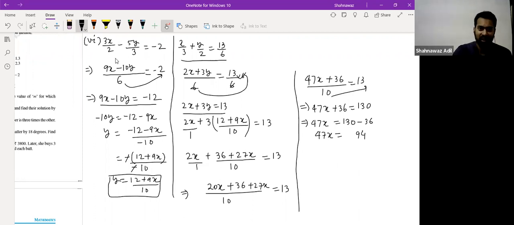Why did they give this much of a number? So x is 94 by 47, which is 2. After doing these big numbers, we got 2, a simple number. Okay, so x is 2. And Adil, what will be y? Adil?